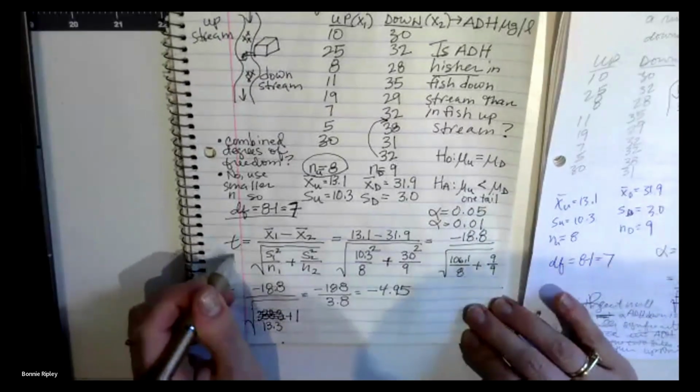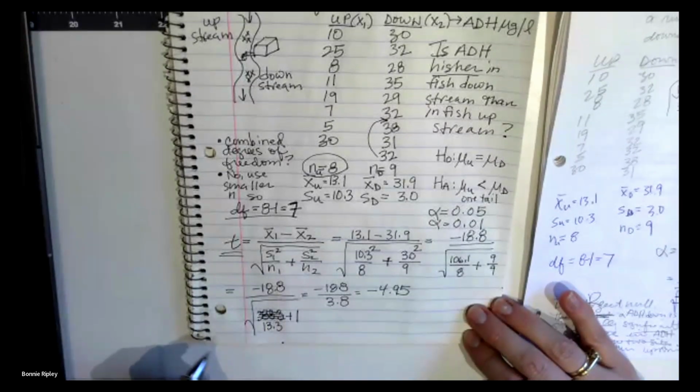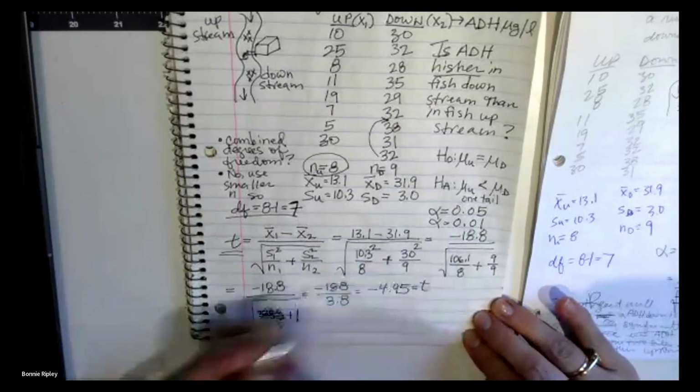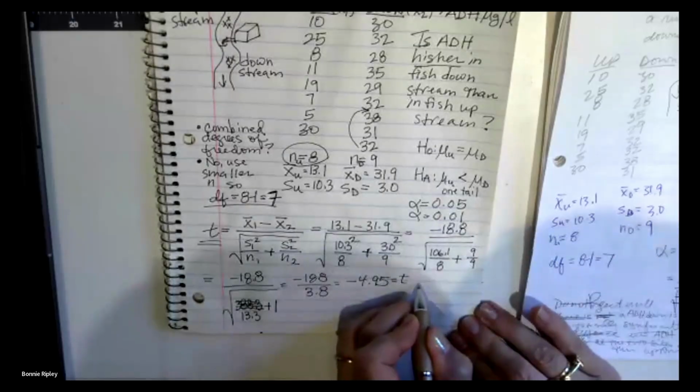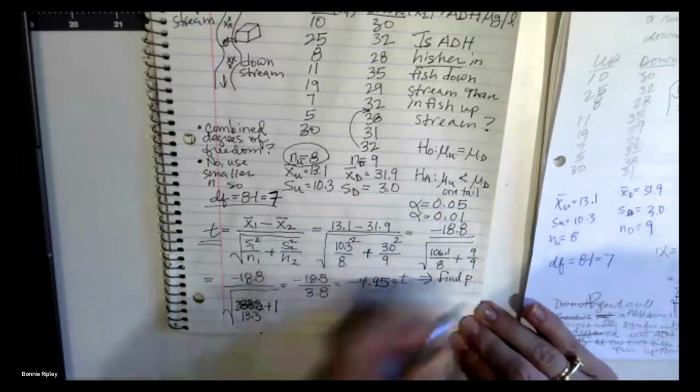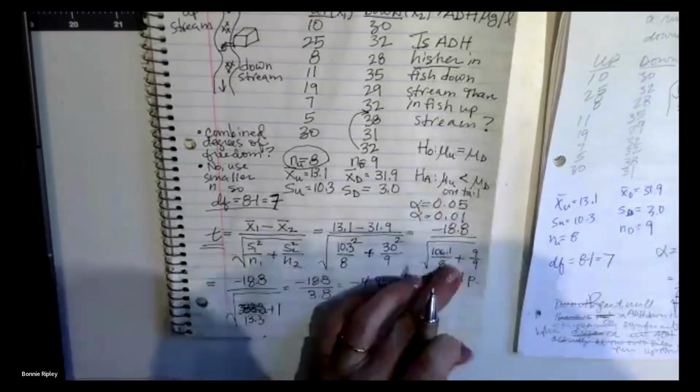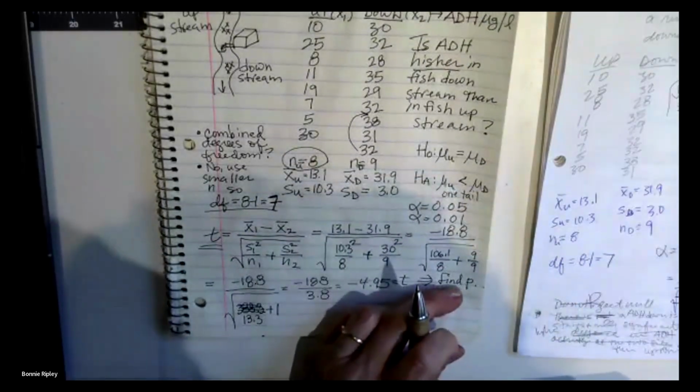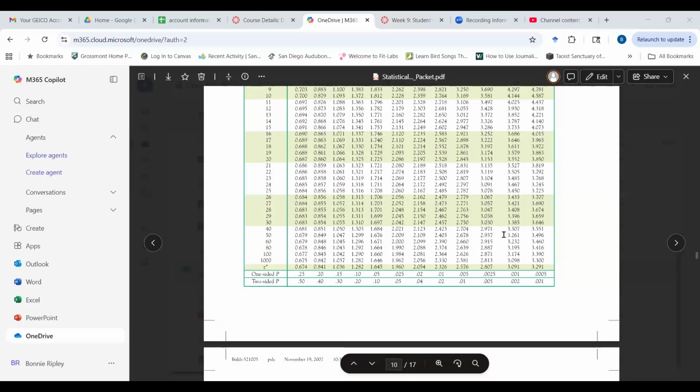All right, that is our value of t. Remember what we're doing here. And we want to use that to find p. All right, I'm going to remember to share my screen with you to look for our value of our t.